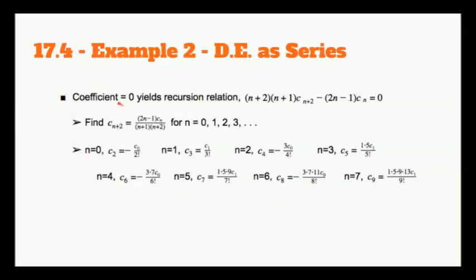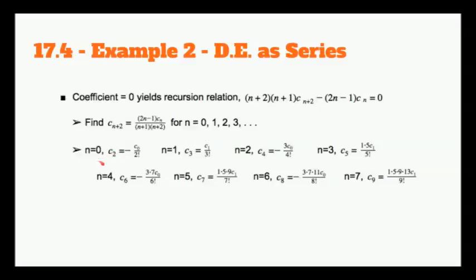Now the coefficients equal to 0 yield a recursion relation where n plus 2 times n plus 1 times c n plus 2 minus 2n minus 1 times c n equal to 0. Now we find c n plus 2 is equal to 2n minus 1 times cn over n plus 1 times n plus 2, for n equal to integers 0, 1, 2, 3, 4, and so on.